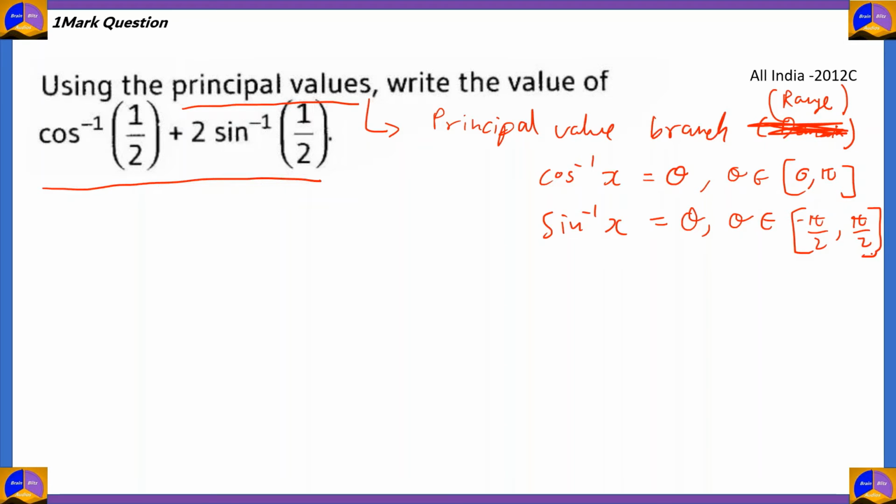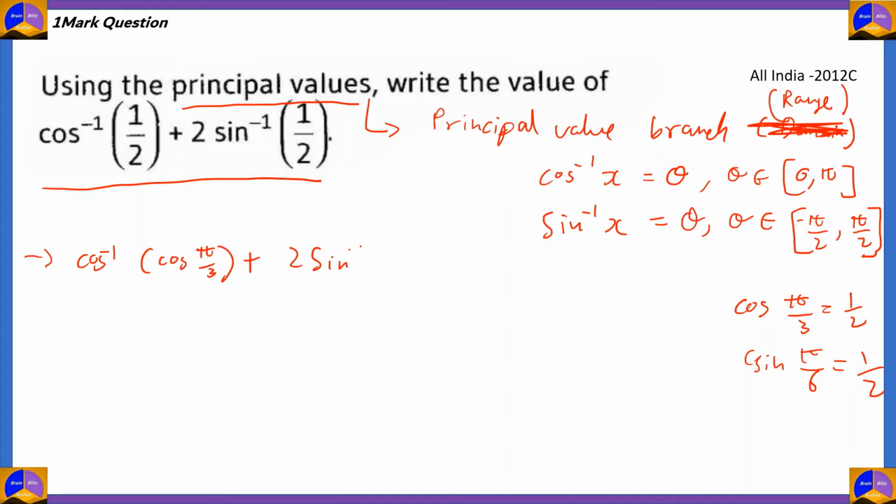So now let's start solving this. Cos inverse of 1 by 2 is just the same as cos inverse of cos pi by 3, because cos pi by 3 is 1 by 2. And sine pi by 6 is also equal to 1 by 2. So we'll get cos inverse of cos pi by 3 plus 2 sine inverse of sine pi by 6.